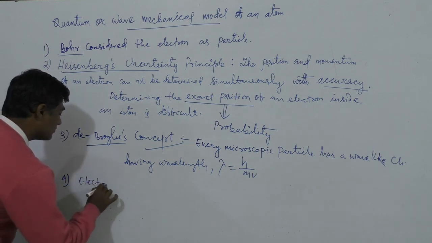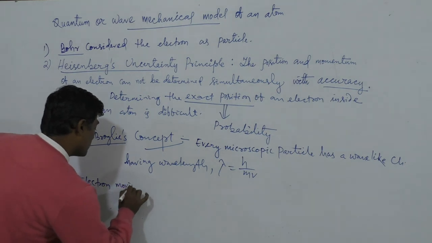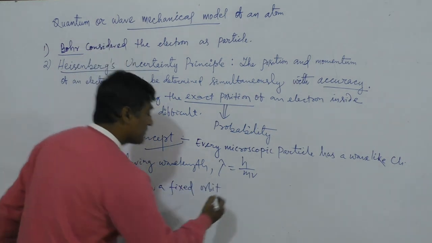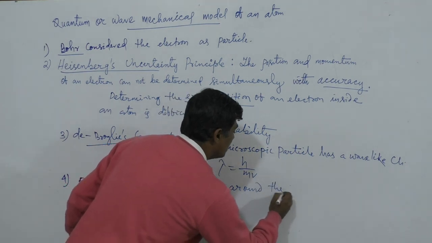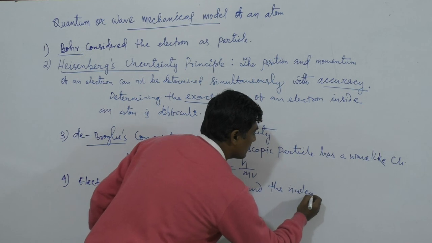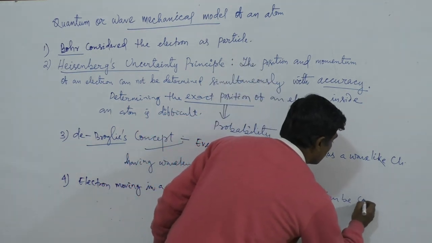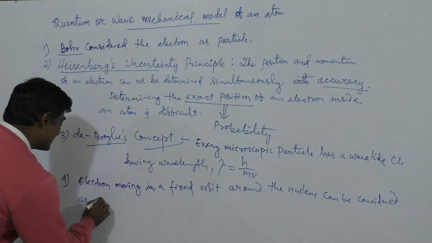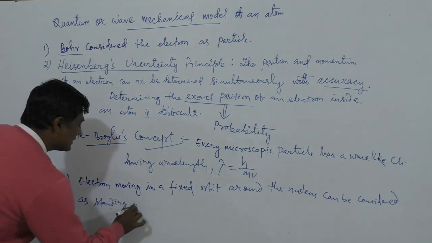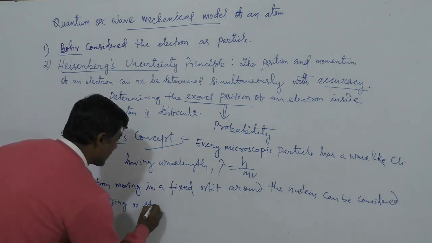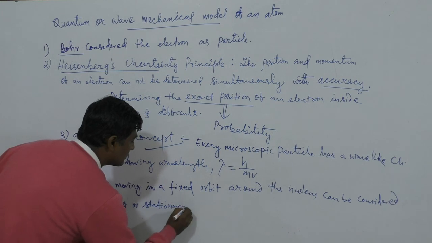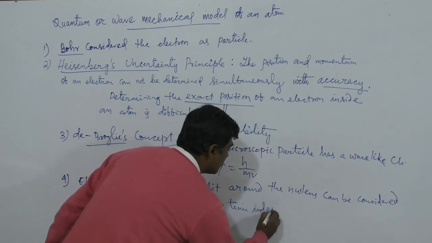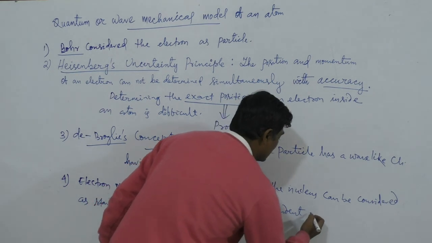Then fourth, an electron moving around the nucleus in a fixed orbit can be considered as standing or stationary waves, or time independent waves.